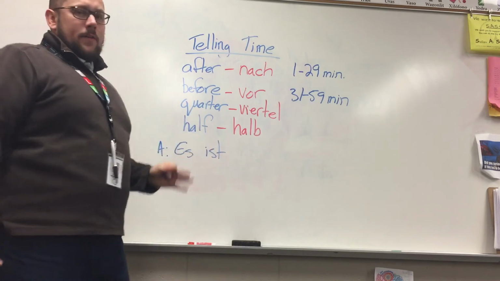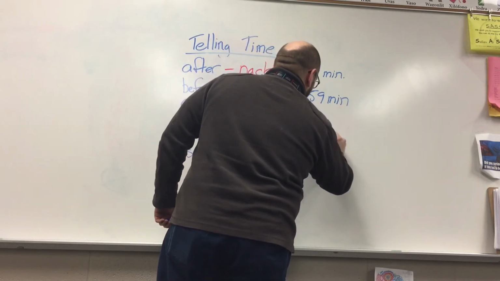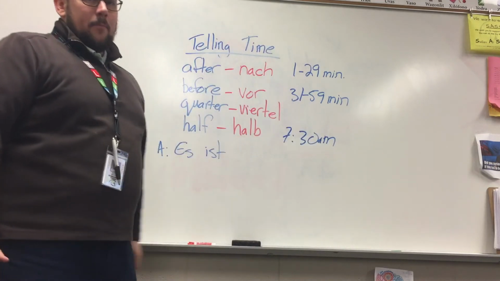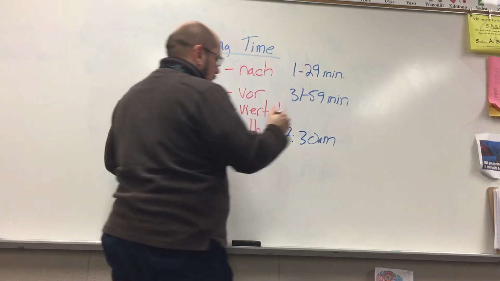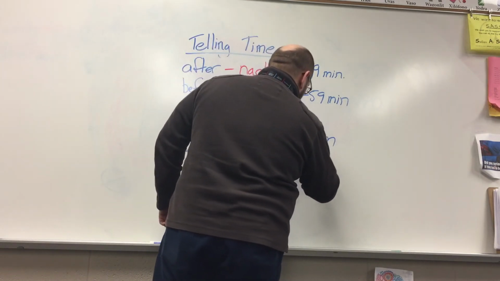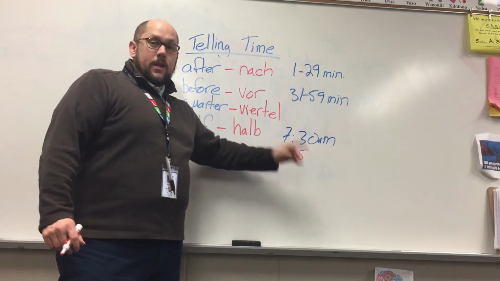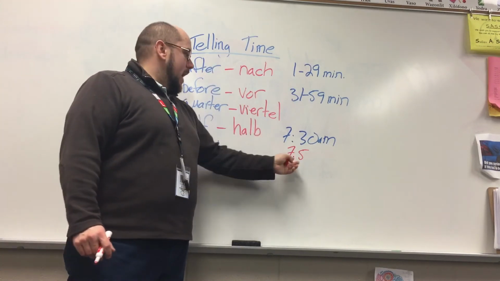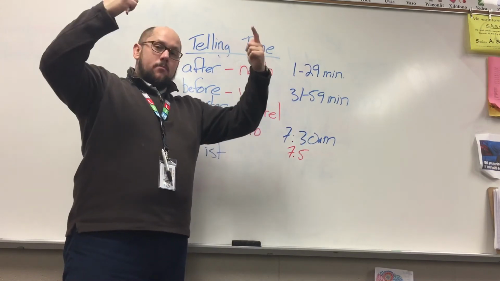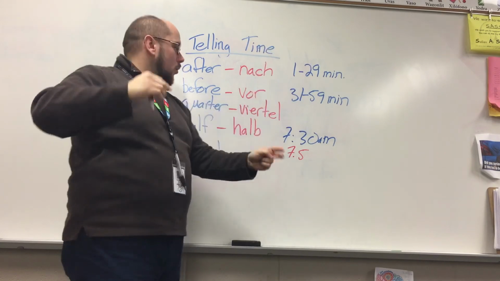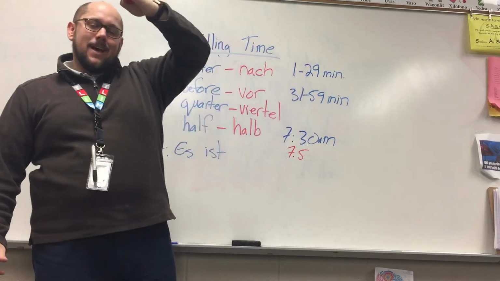Last one, halb, and this one can be a little tricky. If we're talking about 7:30 a.m., think about this as a decimal. 7:30 as a decimal is 7.5. So using your math smarts from your math class, when we have 0.5 or higher, what do we do with a number? We round it up. That's what we're going to do here. In German, we always go to the next hour.